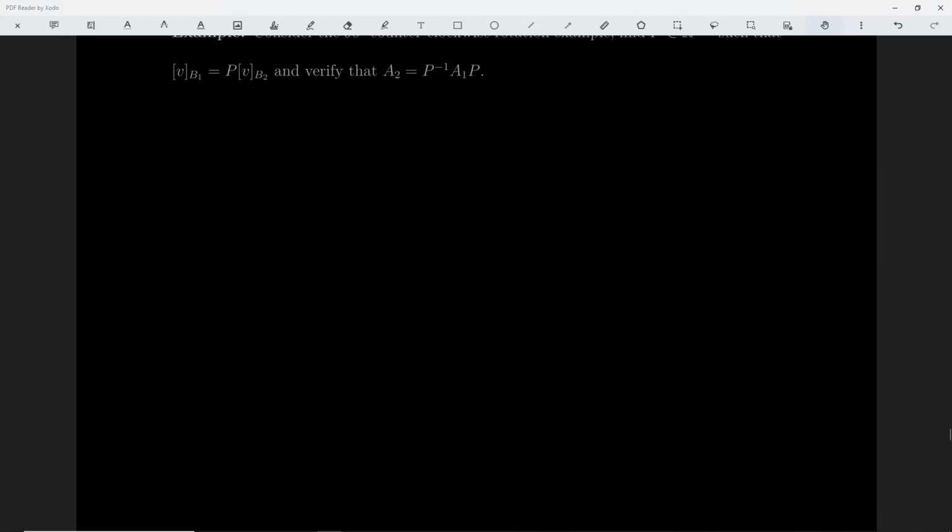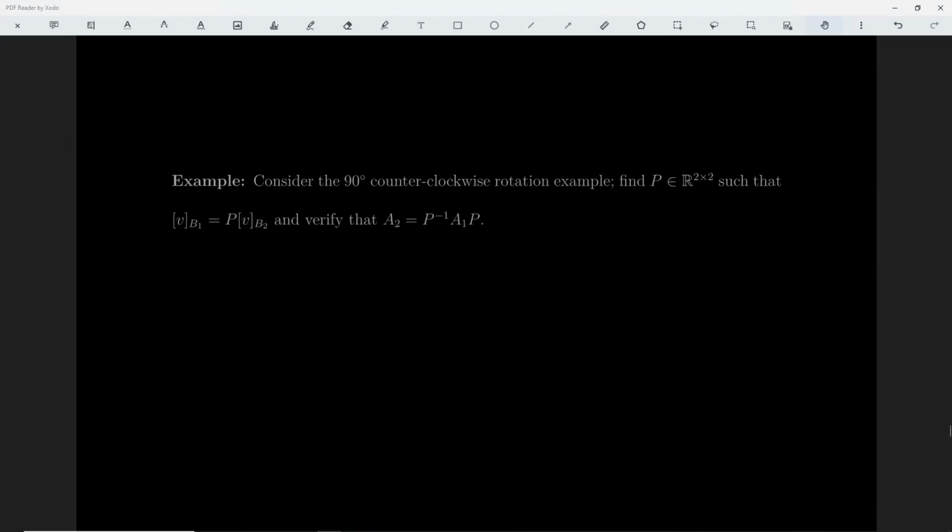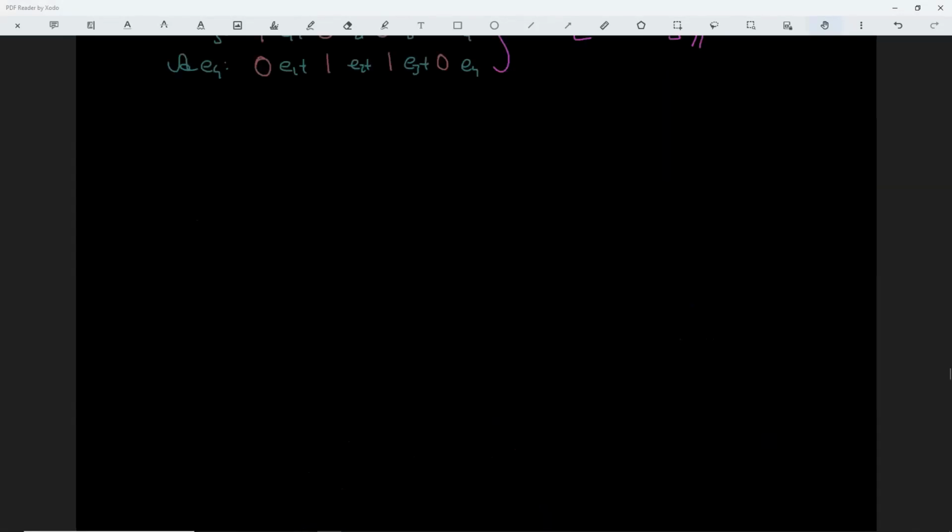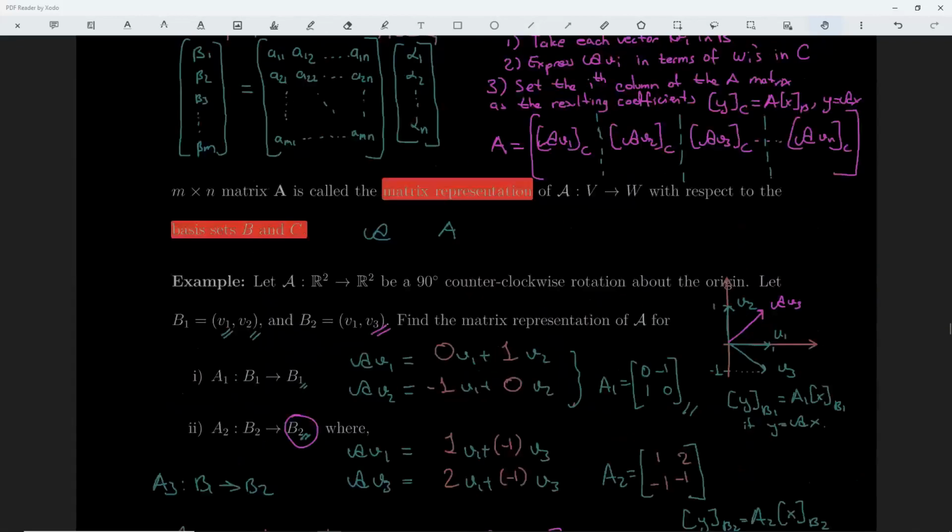Okay, so the last example is something you can do first. You can first try it yourself, and maybe we can start the next lecture with this example. We go back to the very same example where we found two different matrix representations.